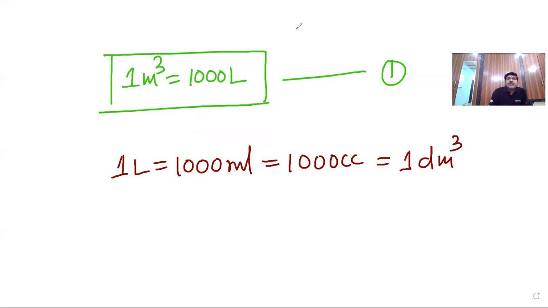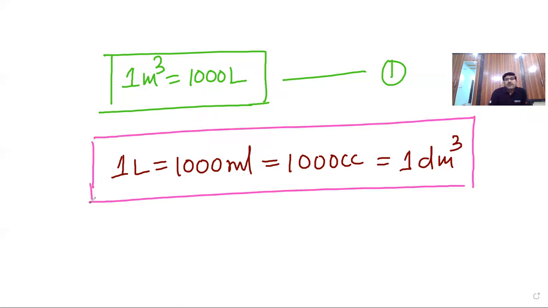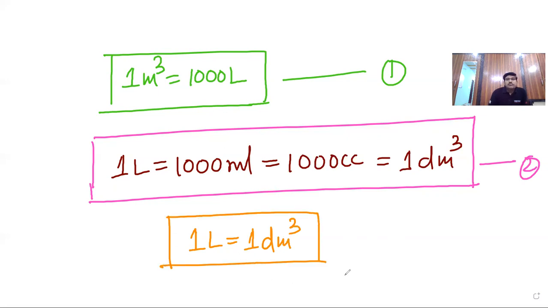This is the second formula. Or indirectly, 1 liter is equal to 1 cubic decimeter or decimeter cube. Is it clear? This is the volume that we measure.